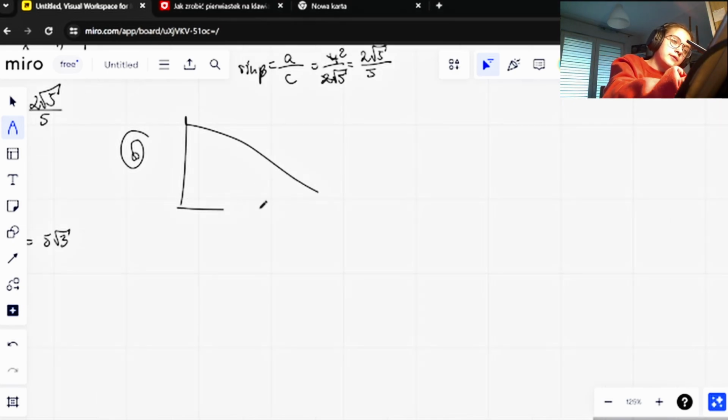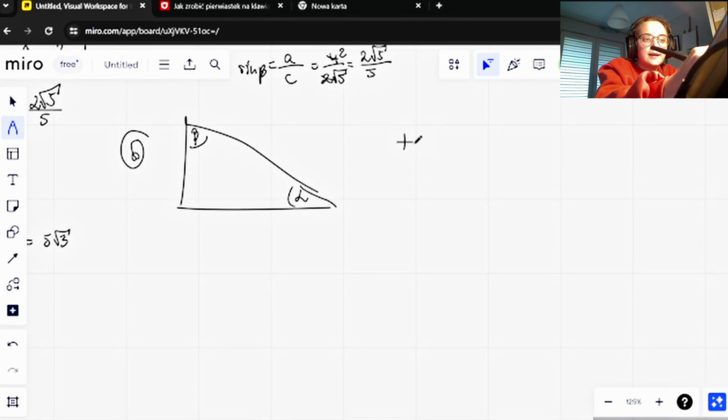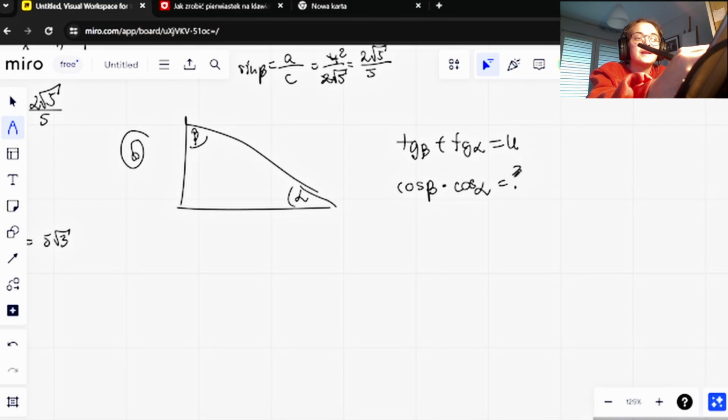Okay, so we have a right triangle again, and so the sum of the tangents is equal to 4. We need to find the multiplication of cos. This is what we're looking for.